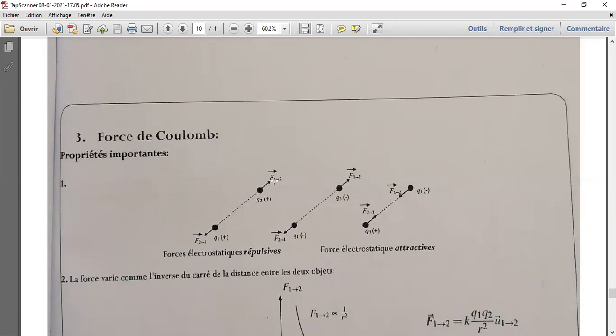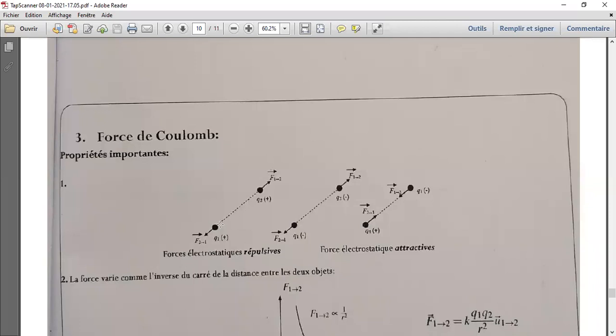So you see here that you have force 1 towards 2, which just says that the force which is caused by Q1 towards Q2 is in such a way that Q2 gets repelled. There's repulsion which is taking place.